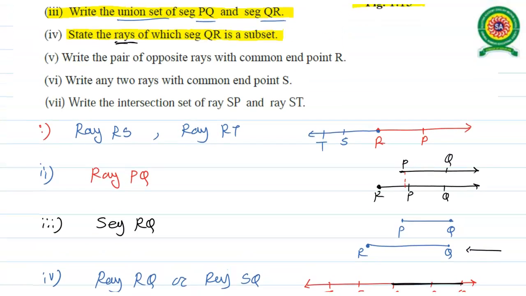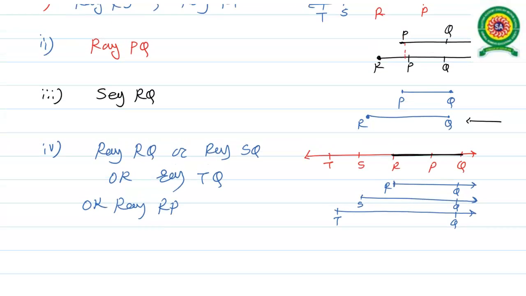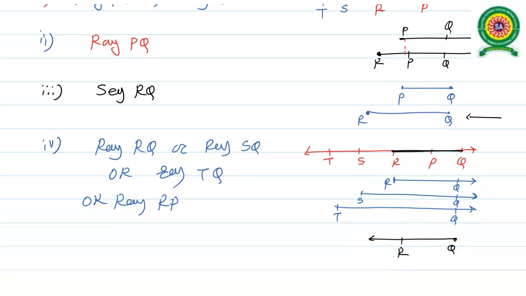Look at the next sub question. It is of the form: write the pair of opposite rays with a common end point R. So we require the end point as R. We may have the ray QR, and next to it the opposite ray TR.